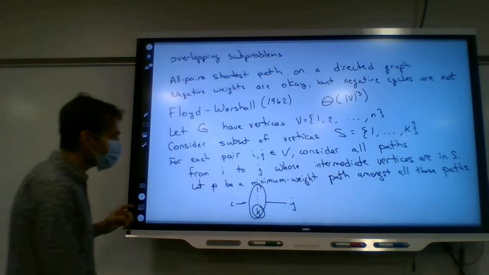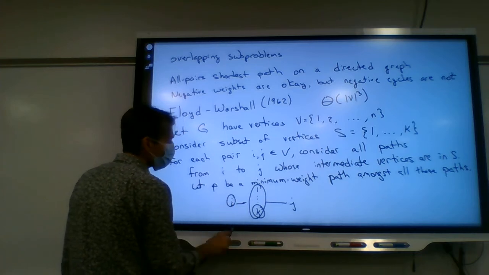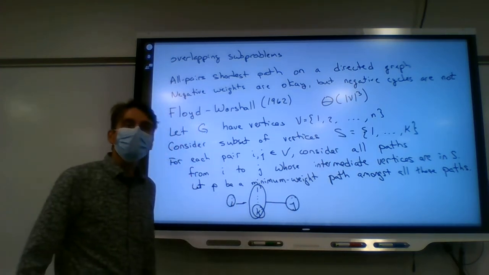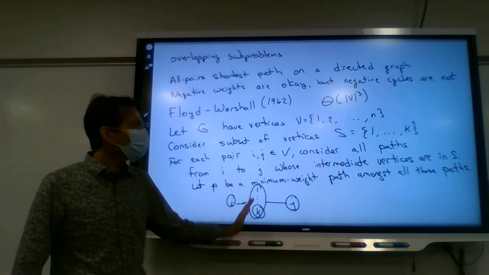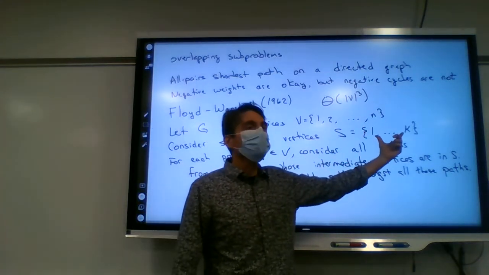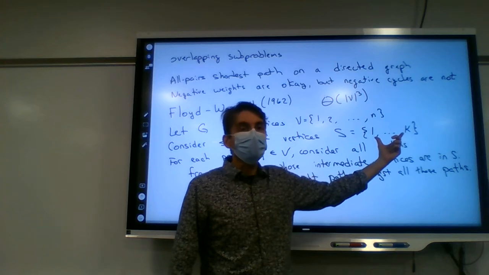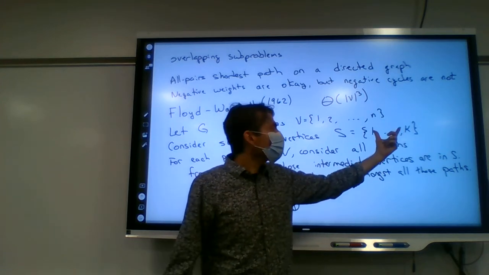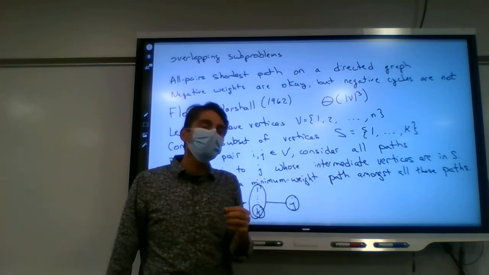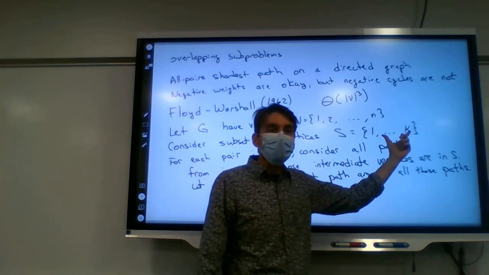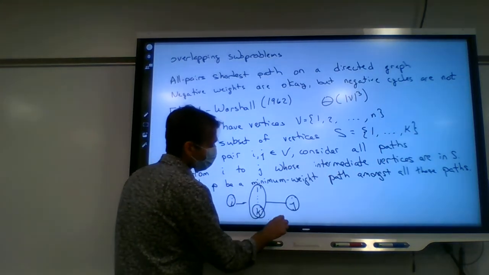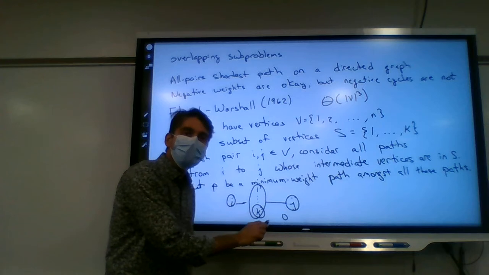All right, so what is path P doing? Path P is going from vertex i to vertex j, and the only vertices in between include things from here. So it's not all of those vertices? Not all of them, necessarily. It might be. But it's not necessarily all of them, but the only things that are there are things from here. We don't have some other vertex out here somewhere that's part of the path.